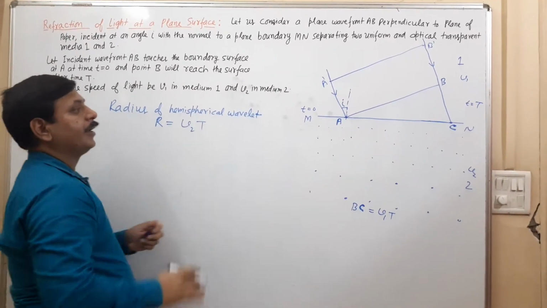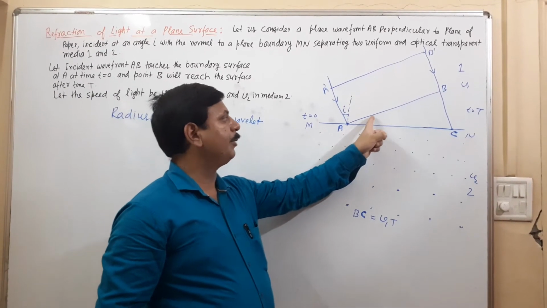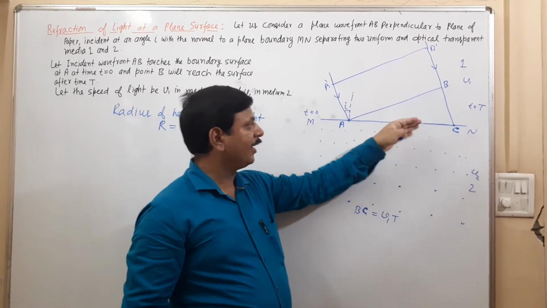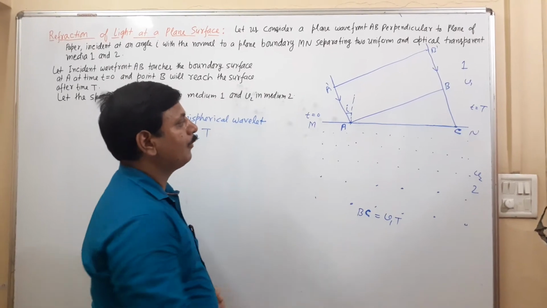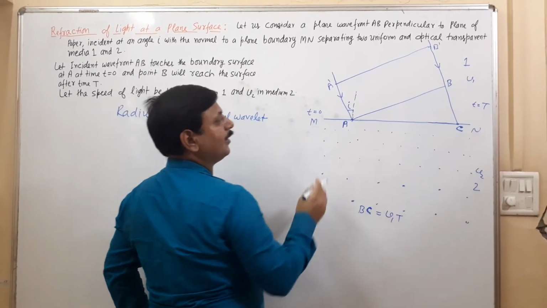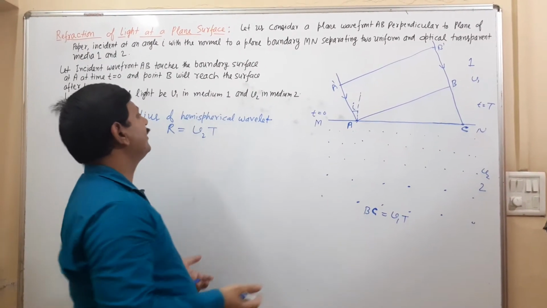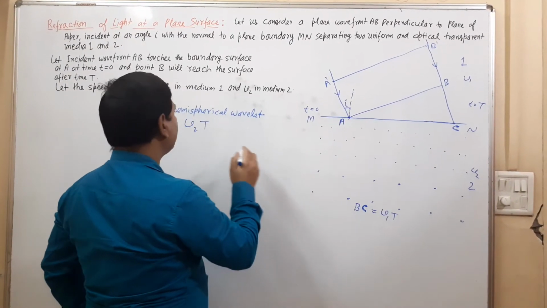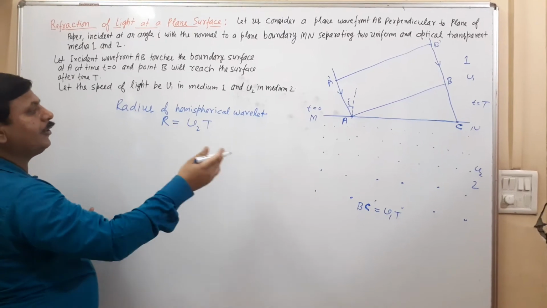So see here, each and every point between A and B will reach the surface AC and refract here. The radii of the hemispherical wavelets will lie from V2t to 0.